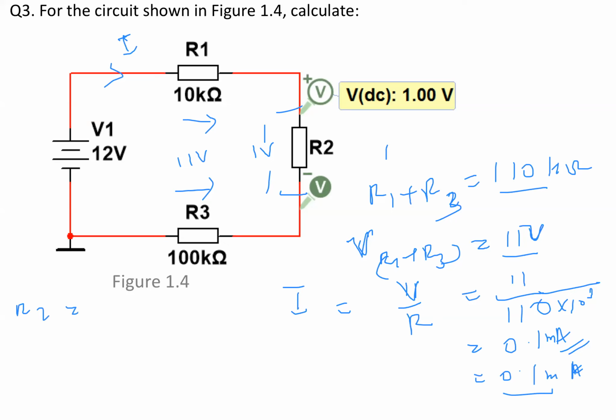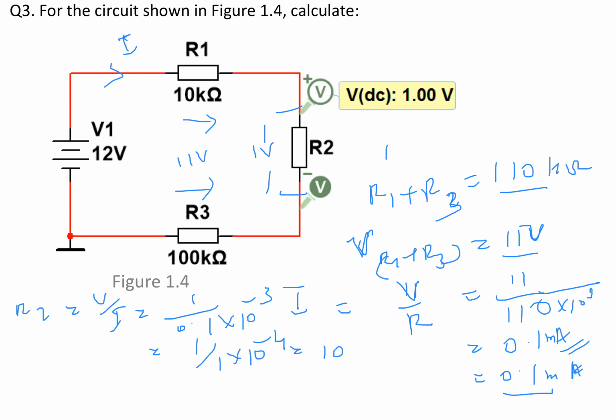R2 is equal to V divided by I. V is given, that is 1 divided by 0.1 multiplied by 10 to the power negative 3. So that means 1 divided by 1 multiplied by 10 to the power negative 4. You guys agree?